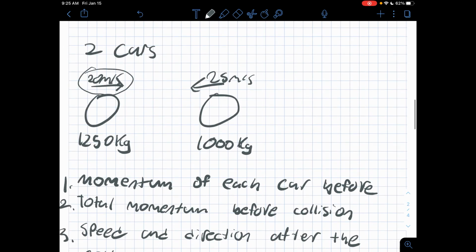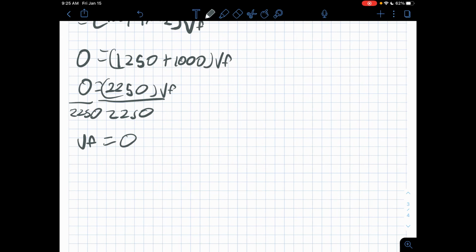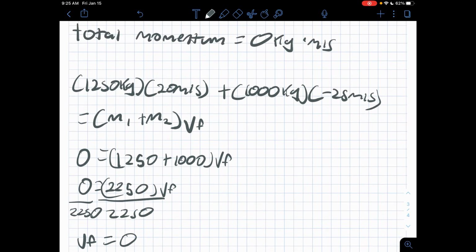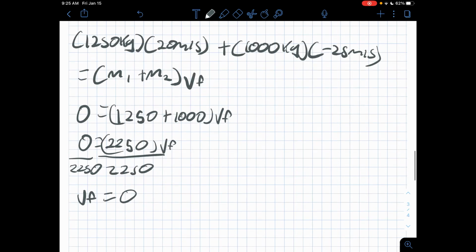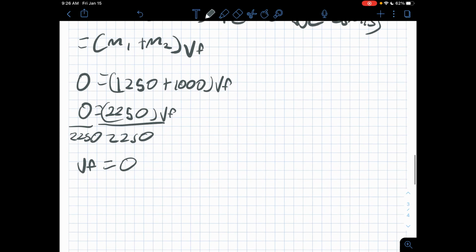In this case, we wrote that going to the right was positive. So if our final number was positive, we would say it was going this fast in the right direction. Or if it was negative, we would say it's going this fast in the negative direction, or the left direction.